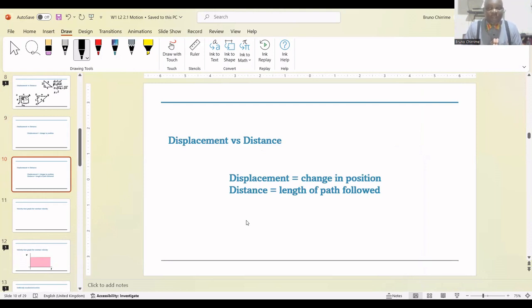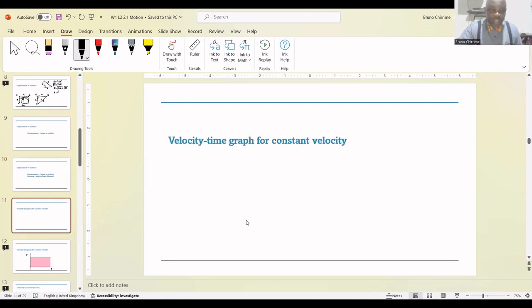Since we have to express this in the VT graph, the velocity time graph, we are talking about constant velocity, because the previous equation works for constant velocity, when velocity is not changing. So when velocity is constant, how do we visualize it? Well, we have a graph just like this one, where on the y-axis we have the velocity and the x-axis is representing time.